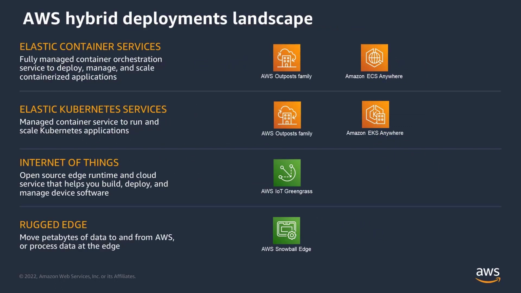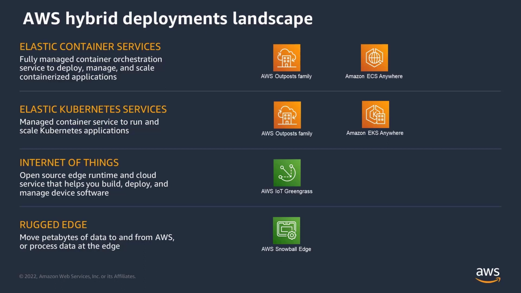For that specific need, the landscape of services at AWS is very rich for hybrid deployments. Depending on the kind of orchestrator and hardware infrastructure you're using, you can choose between services on the Elastic Container Services, in this case running ECS on Outpost, or the service we will focus more on today, Amazon ECS Anywhere. On EKS, or Elastic Kubernetes Service, you can also run that on Outpost, and you have EKS Anywhere.